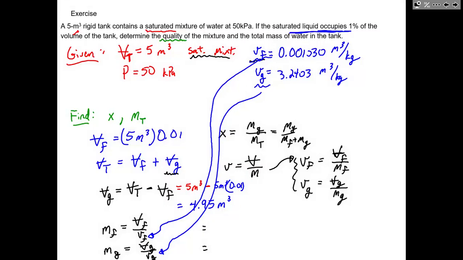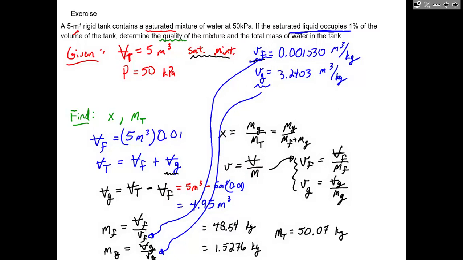And we're going to punch those numbers in. I'll plug those into my calculator. For my fluid, I end up with 48.54 kilograms. And for my gas, I end up with 1.5276 kilograms. When I add those two together, I get my total mass, which ends up being 50.07 kilograms.